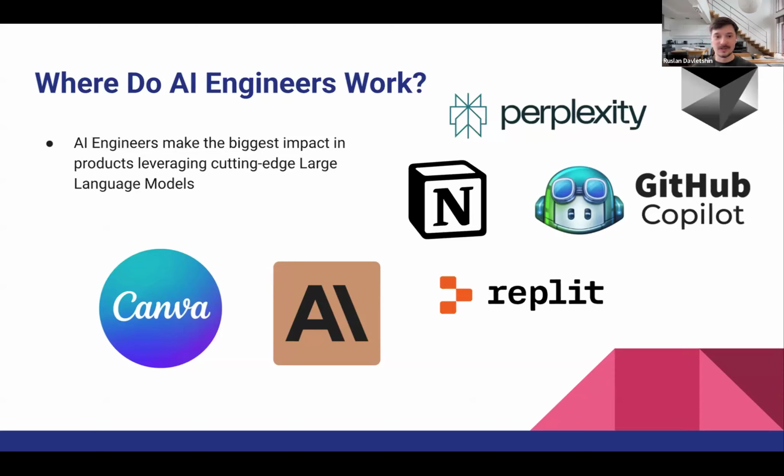Also, AI engineers build products like GitHub Copilot, Cursor IDE, and Replit. And AI engineers work along with researchers at Anthropic, where they build tools like computer use, the code assistant from Anthropic, and so on.